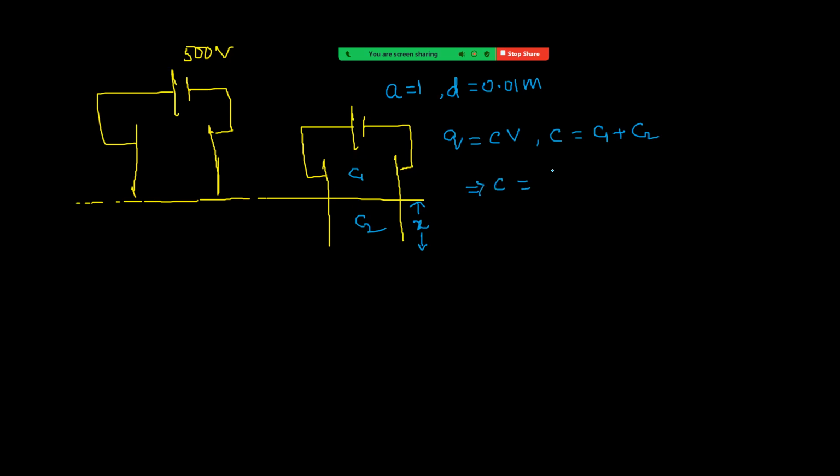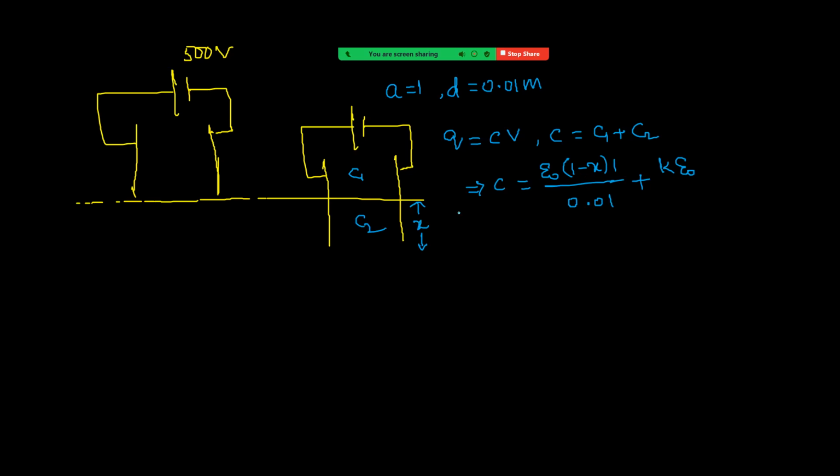Coming to C, the value is epsilon naught. Total length equal to 1. This is x. So the area will be (1 minus x) into 1, epsilon naught A by d, with d value 0.01, plus coming to here, it is K into the dielectric constant, epsilon naught.